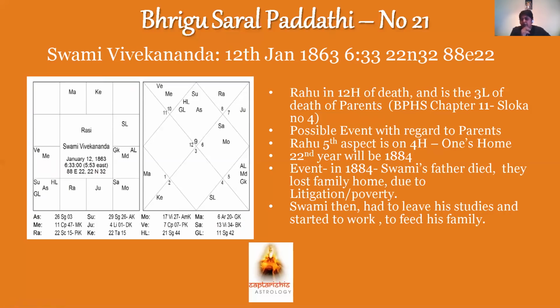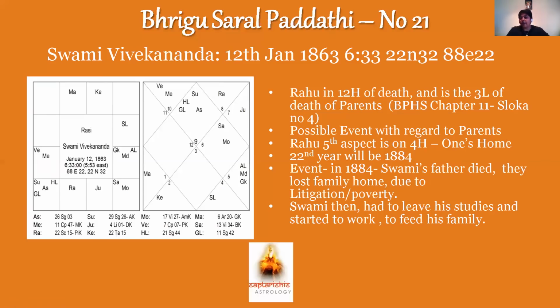These are some of the key aspects of what the 4th house represents. So in the 22nd year of Swami Vivekananda ji, with the aspect falling on the 4th house, something with regard to his mother, the house, or his education must have happened.